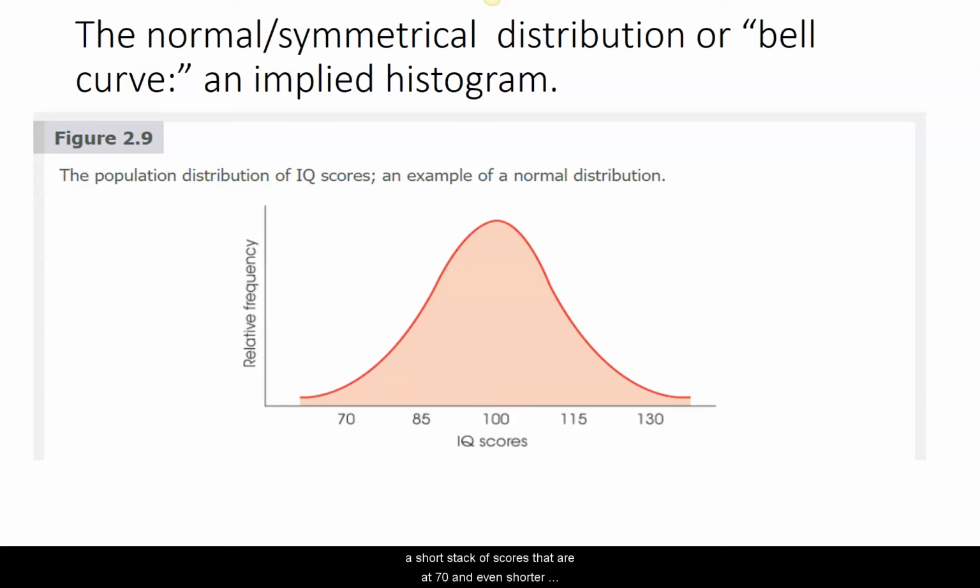When I go over to 70, a short stack of scores that are at 70, an even shorter one that's at 69.9, etc. If I stacked all those tiny columns together that run together with common upper and lower real limits, and I might go even to a finer level than 0.1, like 130.01 or something like that, it would eventually take on the appearance of a smooth curve. All of those heights of those columns would appear to take on a smooth shape as they descend and ascend, as they slope upward and downward, and that's what we would arrive at with this smooth shape.